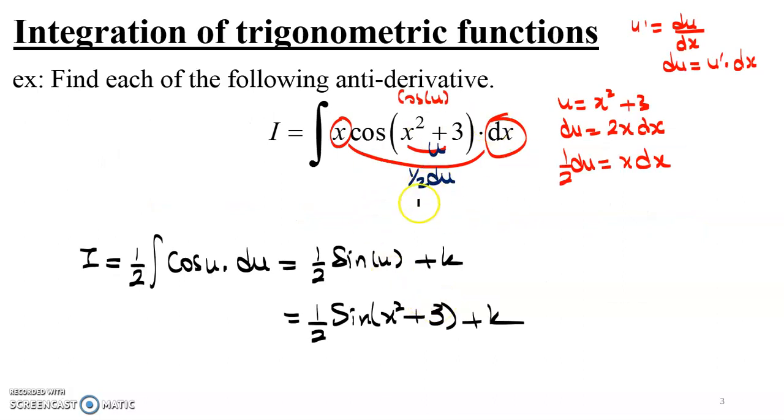Where the compound formula did not work, we were able to integrate using the substitution method. And remember, the substitution method works whenever, for the expression you set as u, you have its derivative present in the integral multiplying dx. That's the only case where the substitution method works.